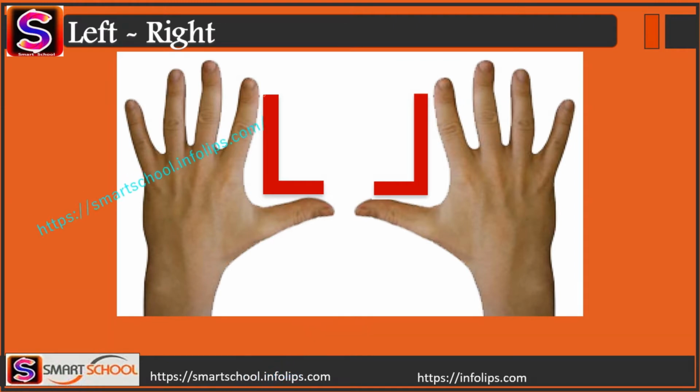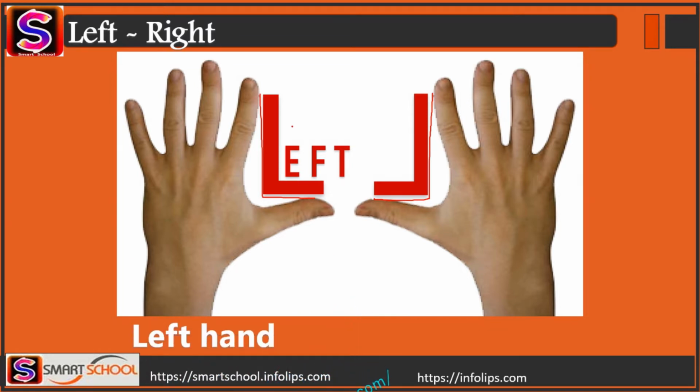See here, this L is a proper L and this is exactly opposite. So we know that this is the exact L. So which hand shows the L angle? L must stand for left. It means this is your left hand.